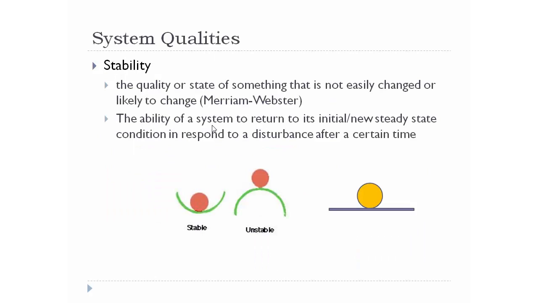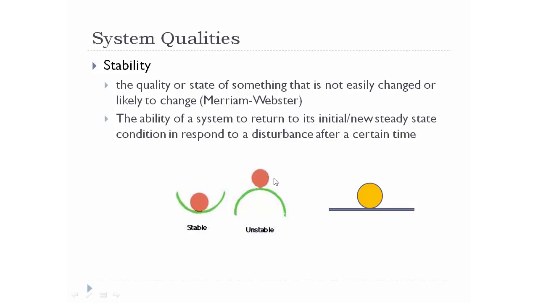Now, when you control a system, the system itself has qualities. There are several things that define the system qualities. The first one is stability. If you look at this picture, the picture on the left is a stable system. Why? Because the ball here won't be able to drop anywhere. It will just stay there.